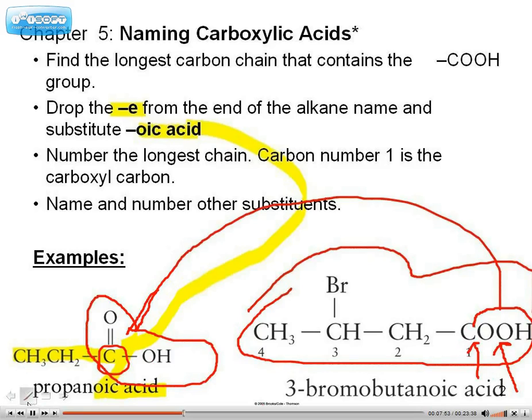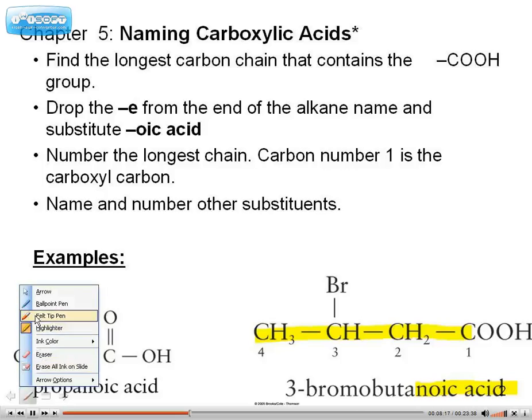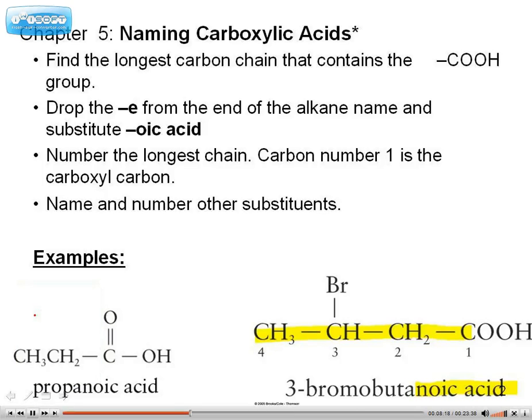But going back to naming, let me erase all this. Carbon 1, 2, 3, 4. This is butane, so we replace the E with oic acid, as highlighted here. So in this case, it's going to be butanoic acid. Now, for this class, I'm not going to give you additional functional groups with suffix names.